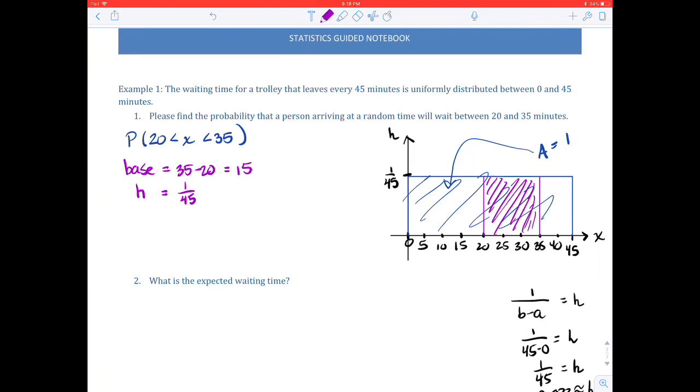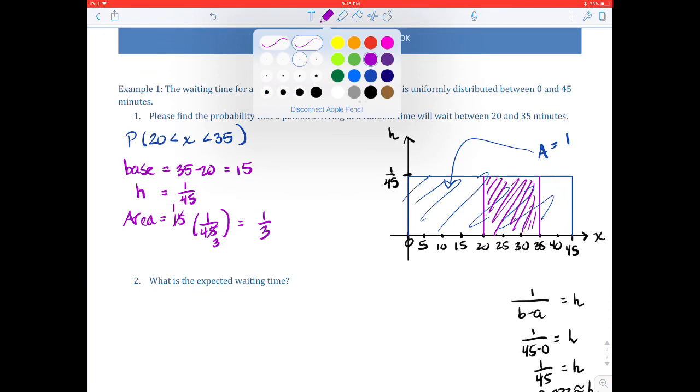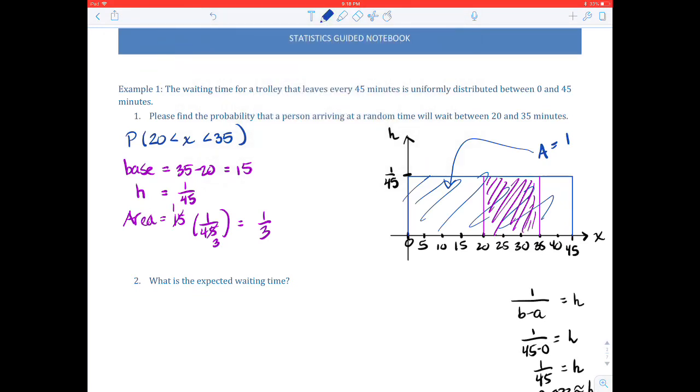So the area is equal to 15 times 1/45, which is 15 goes into itself once and then into 45 3 times. So we get 1/3. That means the probability that x is between 20 and 35 is beautiful, 1/3. I love the uniform distribution.